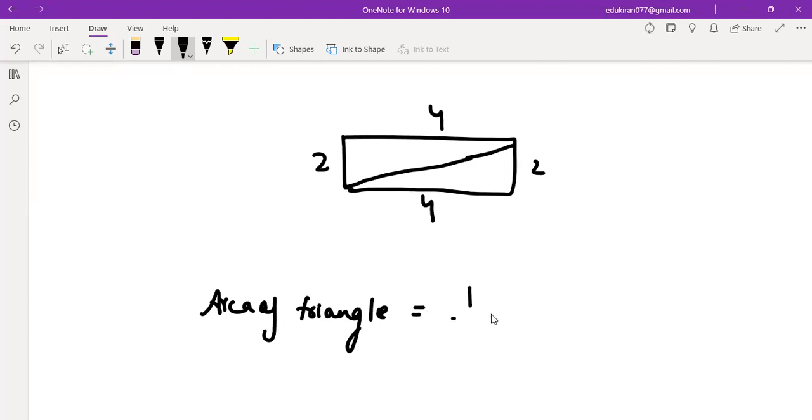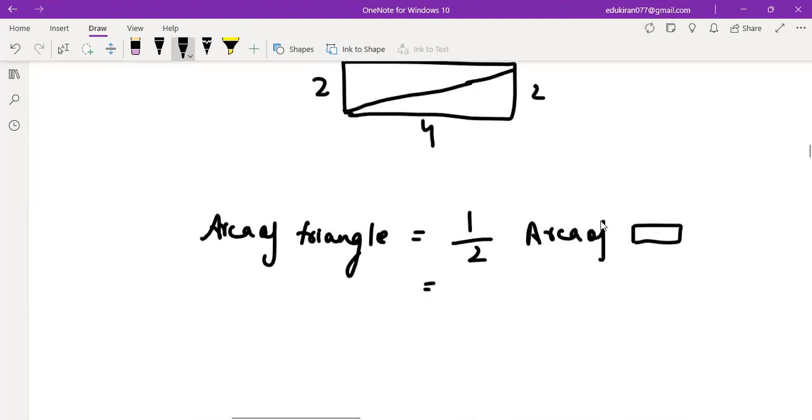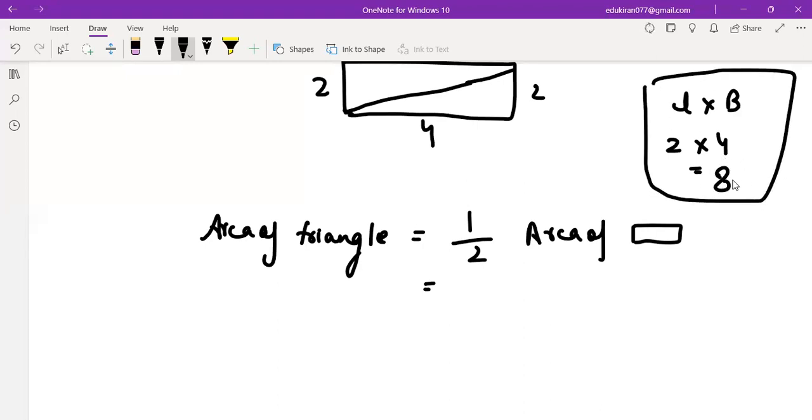So it would be half the area of the rectangle. First you find the area of the rectangle: length into breadth, 2 multiplied by 4, which is 8 centimeters square. Half multiplied by 8, the area of the triangle is 4 centimeters square. Clear?